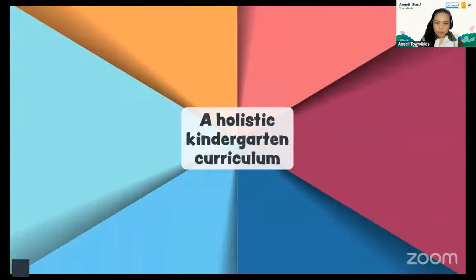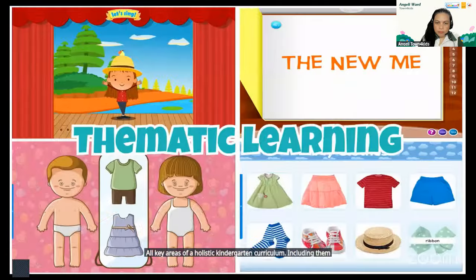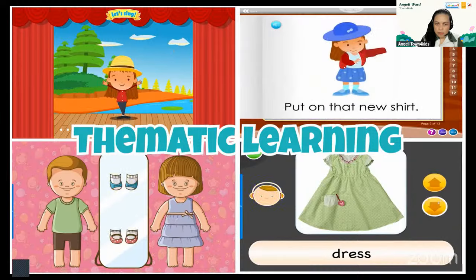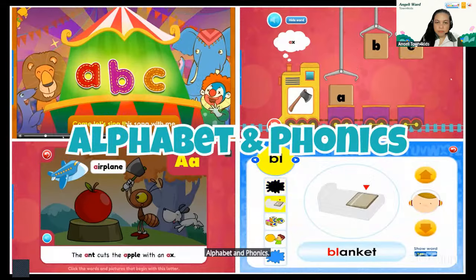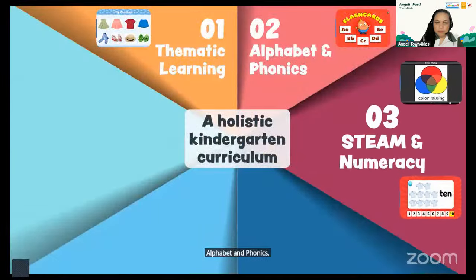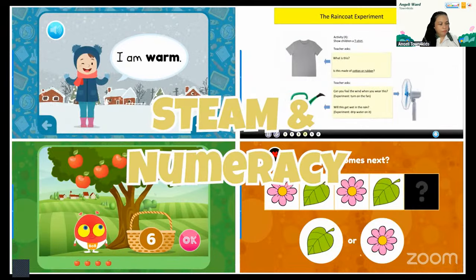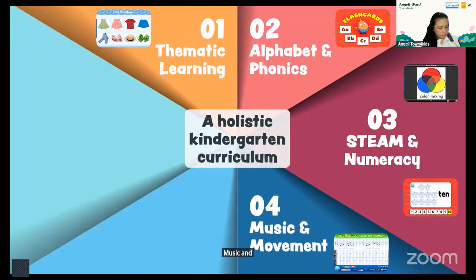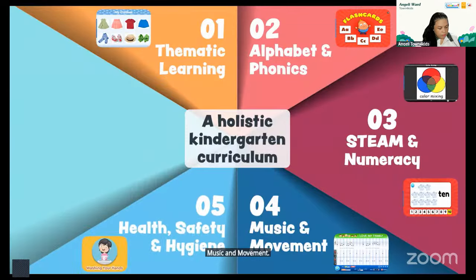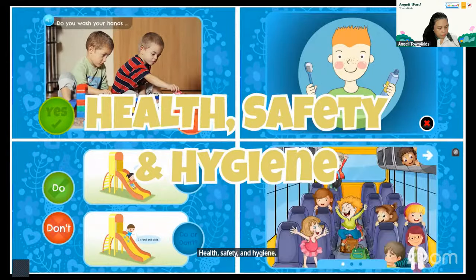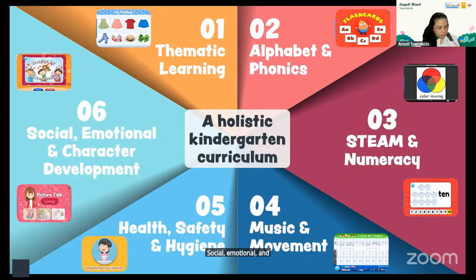All key areas of a holistic kindergarten curriculum, including thematic learning, alphabet and phonics, STEAM and numeracy, music and movement, health, safety, and hygiene, social, emotional, and character development.